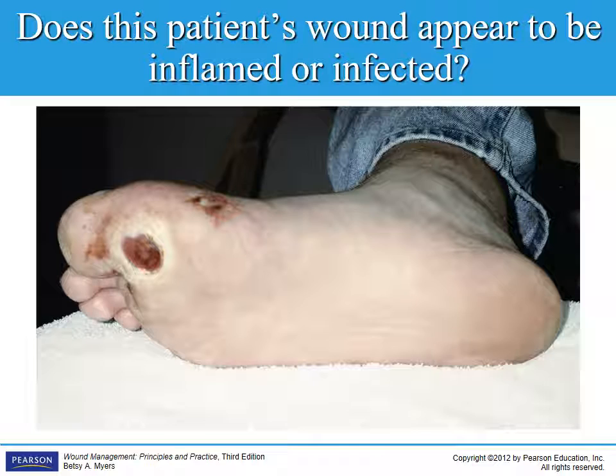We see a red wound bed. It looks like a lot of this is dried, and this does not look like an infected wound. There's an inflammation process, but it also looks like it needs a good debridement. So I would not say this was infected. I would say that this is inflamed.